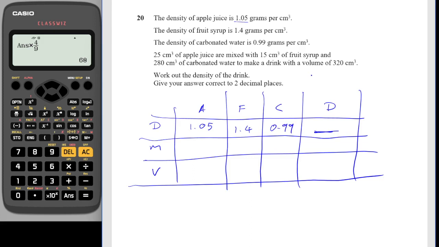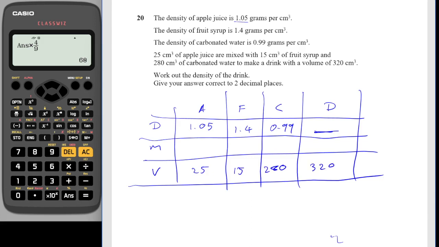Then we're given these values for the volume, 25, 280, oh no, wrong place. Put that in the wrong place. That was 15. That was 280, and it tells us the total volume.